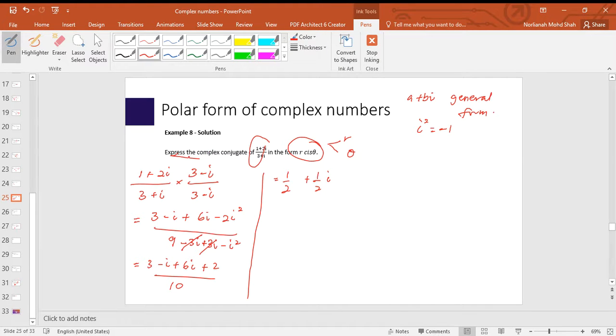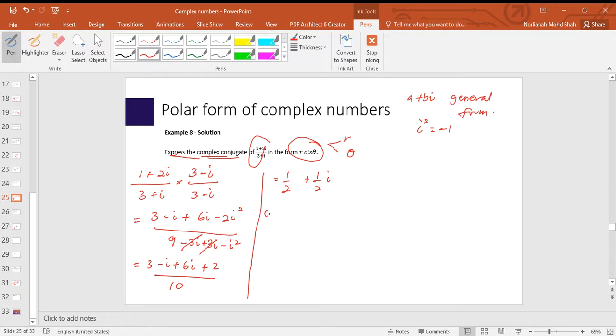The question is to express the complex conjugate. So this is the original complex number, and this is the general form. From this, we need to find the complex conjugate of 1 over 2 plus 1 over 2i.